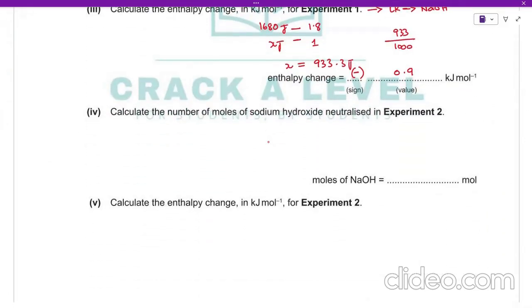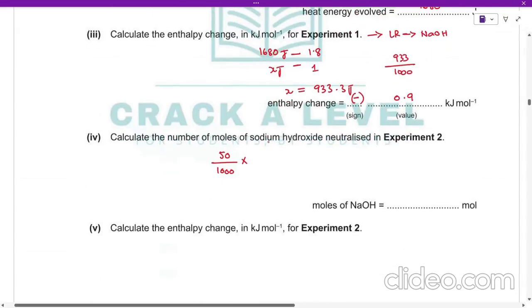So it will be 50 cm cube of FB4, which was the NaOH. Let's just find its moles. So it was 50 divided by 1000, and its concentration was 1.8. Let's find its moles. 50 divided by 1000 into 1.8 was 0.09.